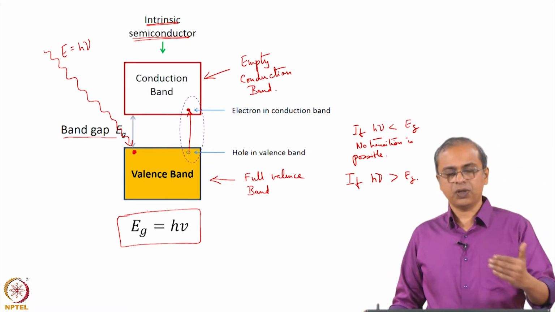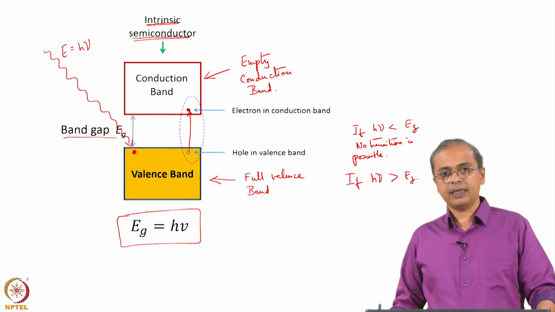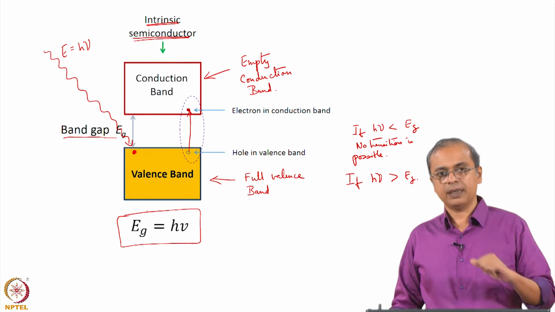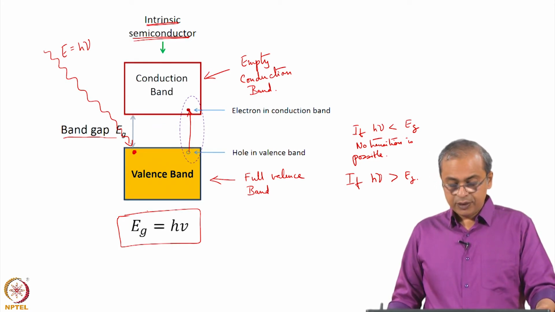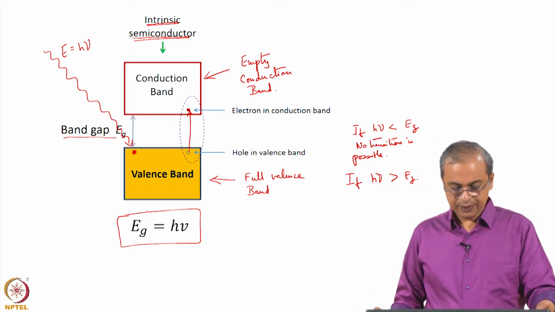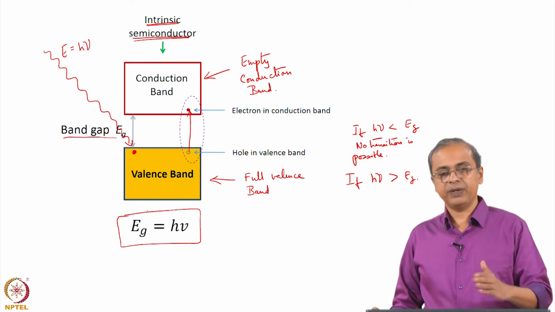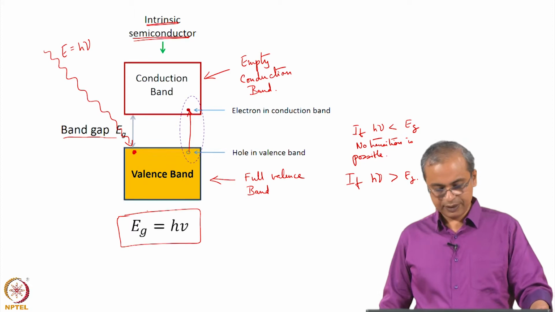Once you cross that threshold value, the transitions begin to occur, and the light is able to enable transitions from the valence band to the conduction band. So, it means that you need to have this kind of frequency to enable this transition, and if you do not have this frequency, you will not enable this transition.